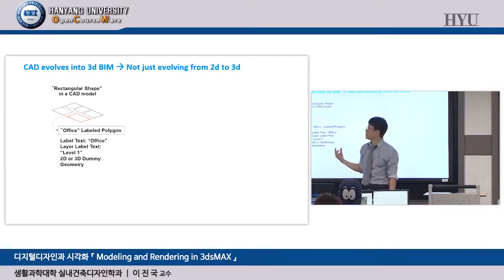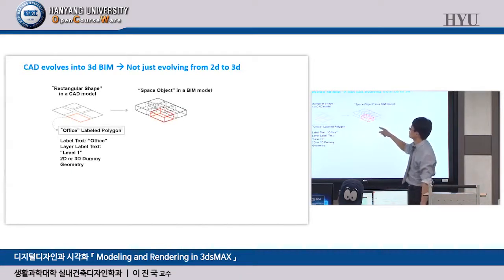And people can be aware of, okay, there is an office. How about computers? Computer doesn't know what that is, okay? Computer doesn't know what this office is. It just represents an office label on top of this rectangle shape. That is a polygon, okay, polyline. That is why we say dummy geometry, okay? It's not smart, not intelligent, just geometry.